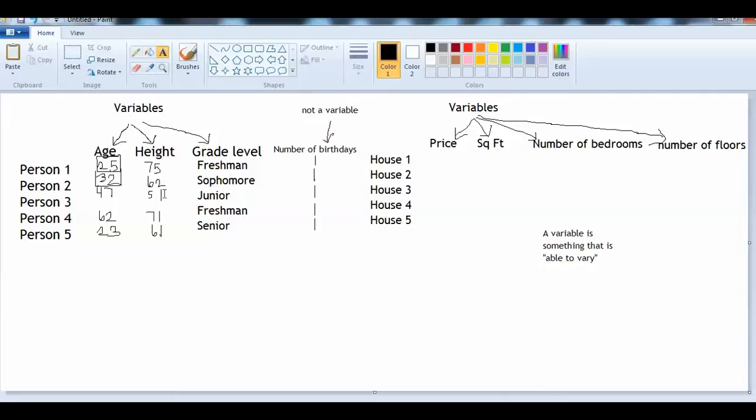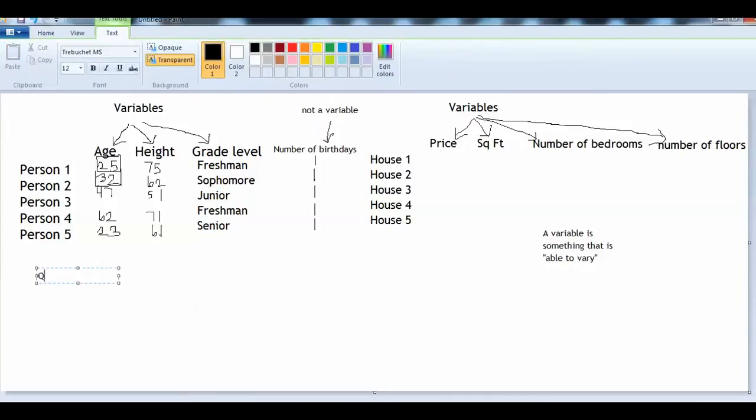So height would be something called a quantitative variable because each person's height is a number that stands for the amount of something. It stands for a quantity of something.